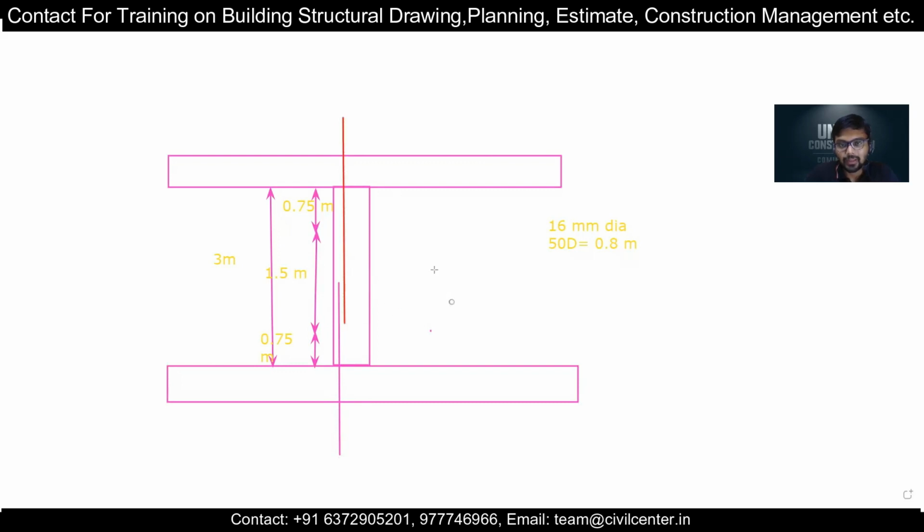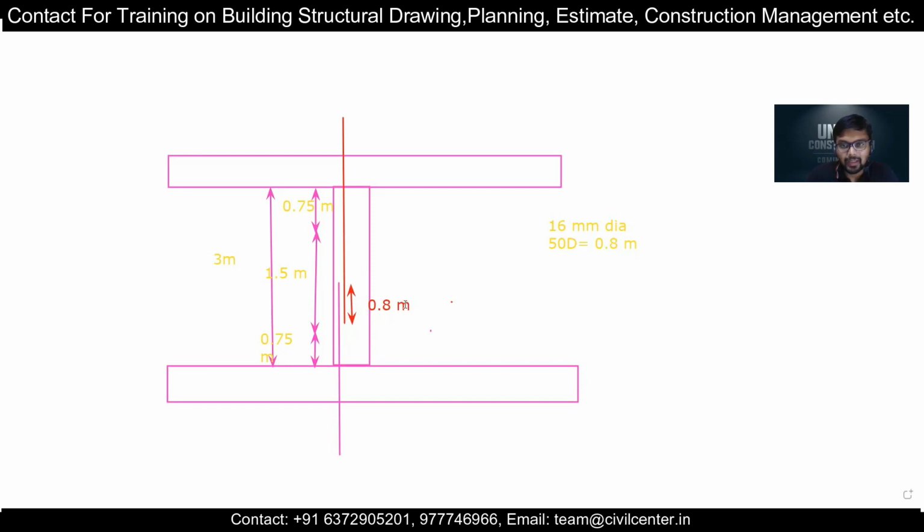Suppose this particular portion in which we have lapped is 0.8 meter. So how much space is remaining? We'll do 1.5 minus 0.8. It is 0.7 meter space which is remaining.